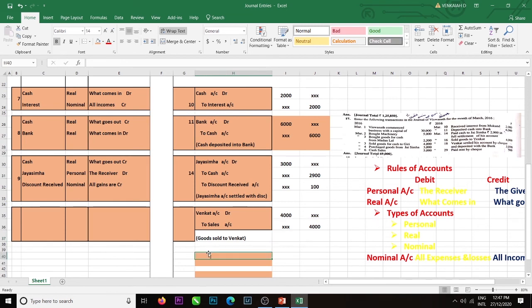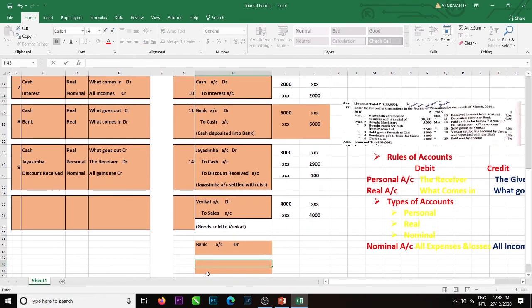We received a check from Venkat: bank account debit. Venkat is a giver, and the giver should be credited, Venkat account 4,000.